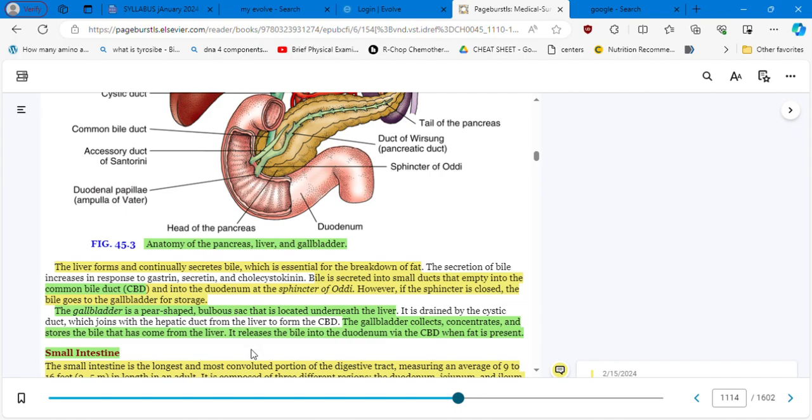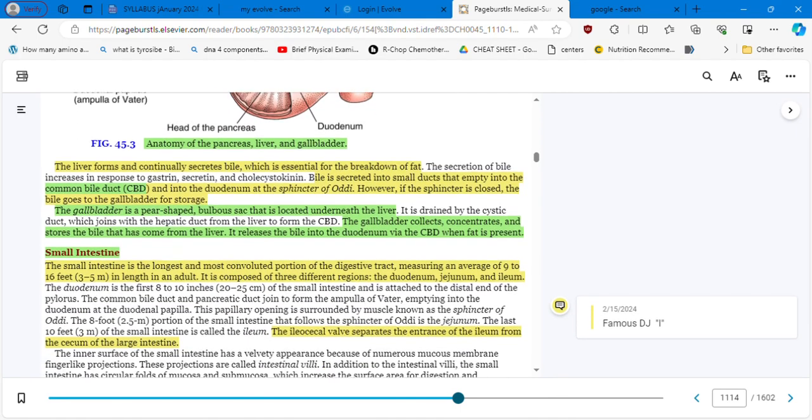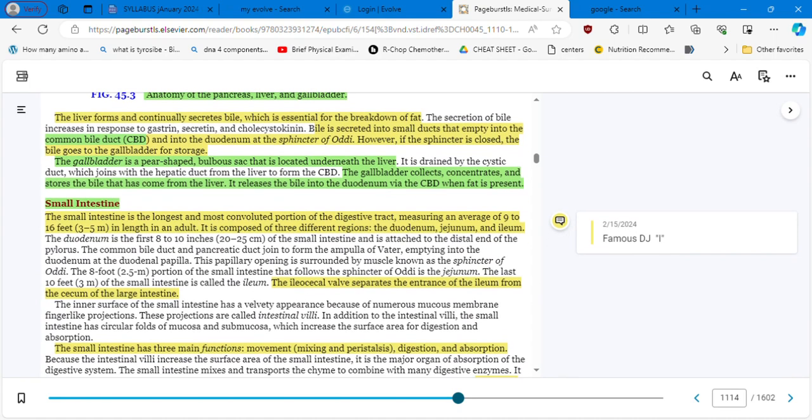The gallbladder is a pear-shaped bulbous sac that is located underneath the liver. The gallbladder collects, concentrates and stores the bile that has come from the liver. It releases the bile into the duodenum via the CBD when fat is present, which CBD means common bile duct.